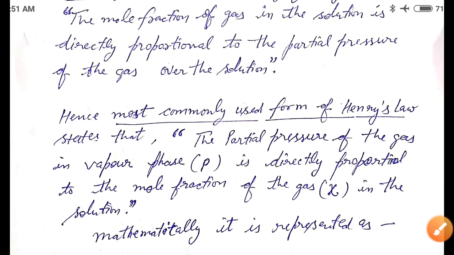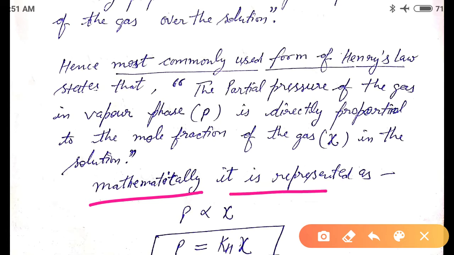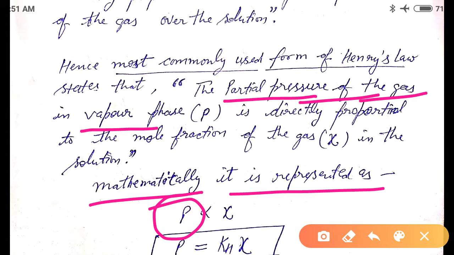How can we write this mathematically? Mathematically it is expressed as P, the partial pressure of gas, is directly proportional to the mole fraction chi.